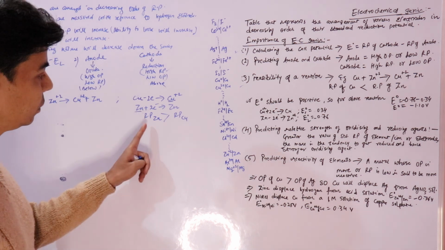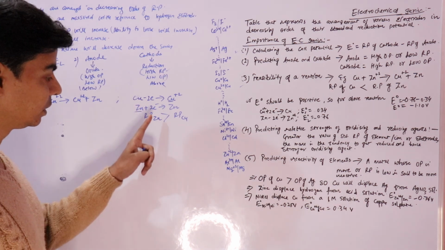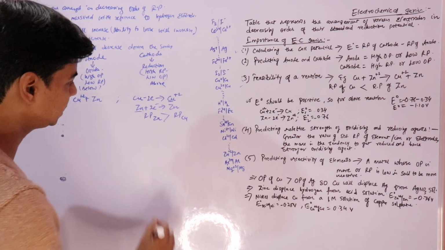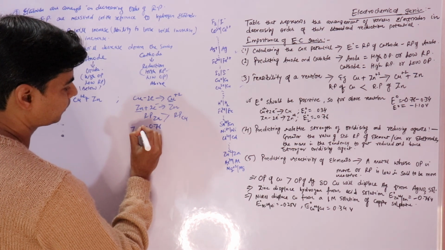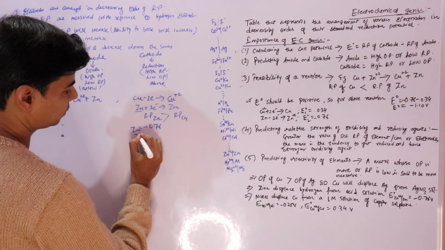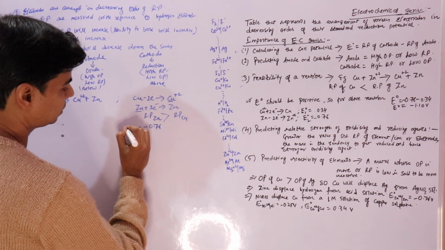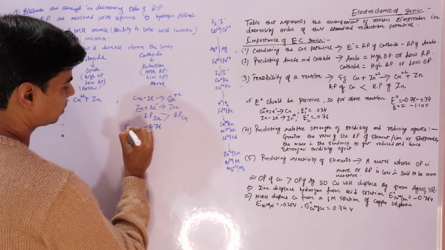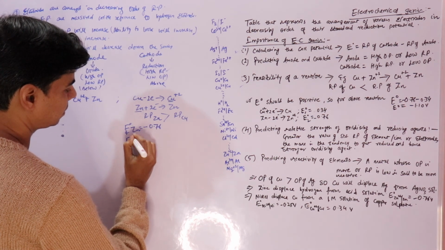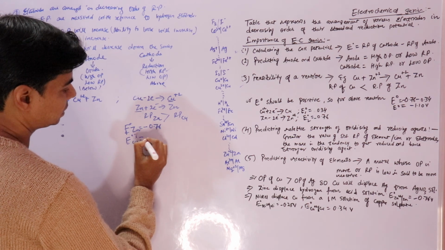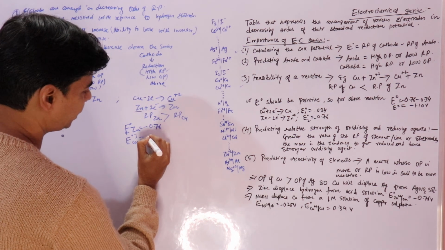And we know that the standard reduction potential of zinc is minus 0.76, and the standard reduction potential for copper is 0.34.